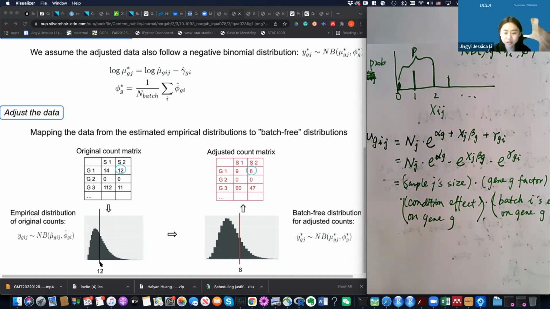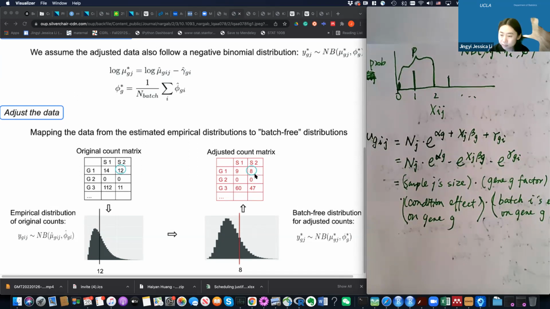You put it under the original negative binomial you estimated, and look at its tail probability. Let's say the left tail is 0.7. Then you go to the adjusted negative binomial, find the value with 0.7 to the left, and now it becomes 8. You put 8 into the count matrix, and that's your corrected value.